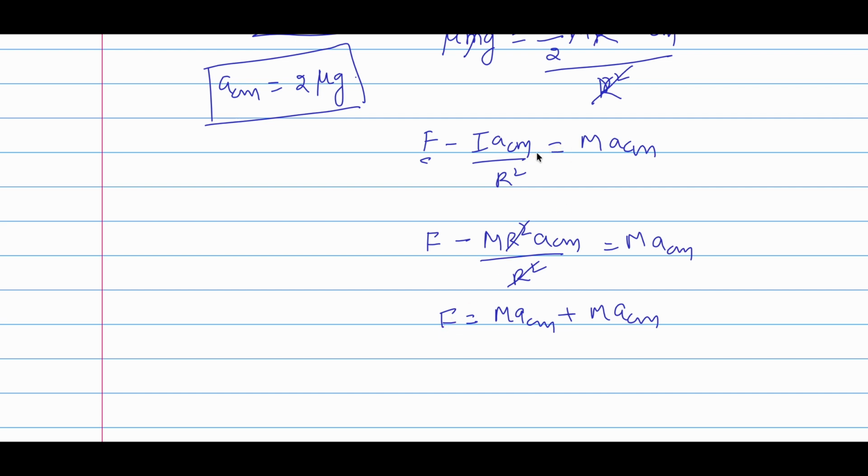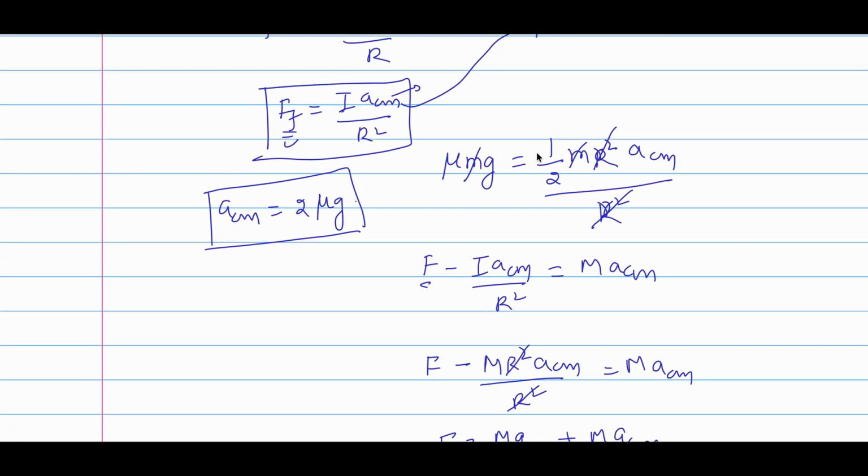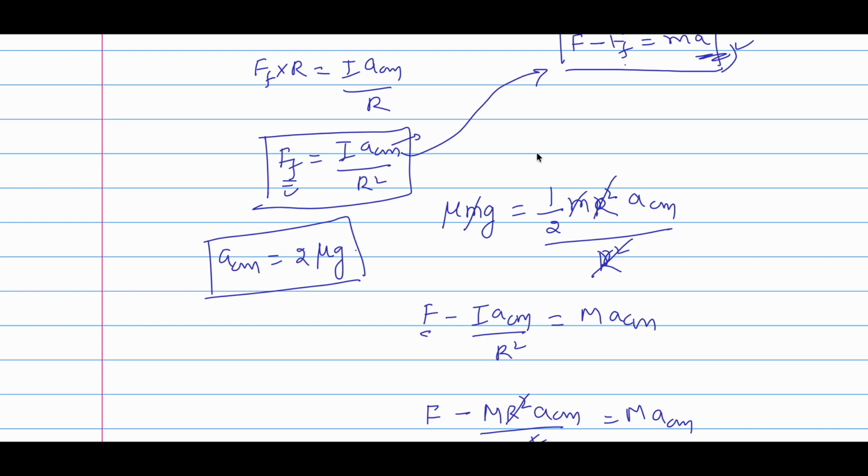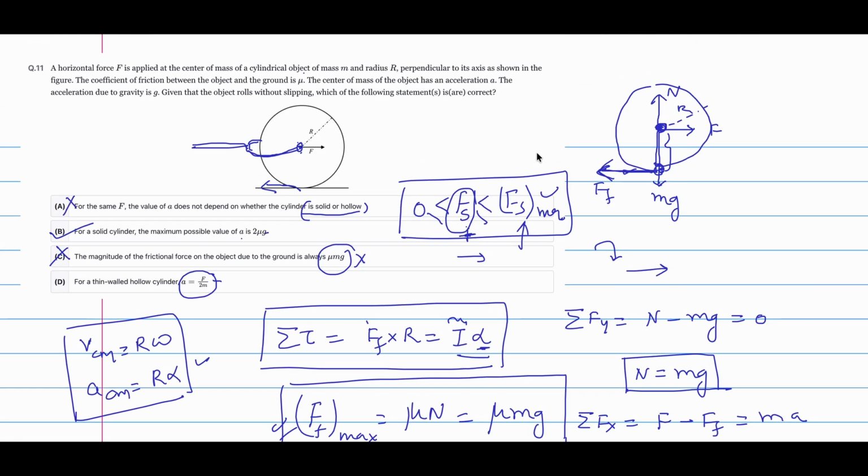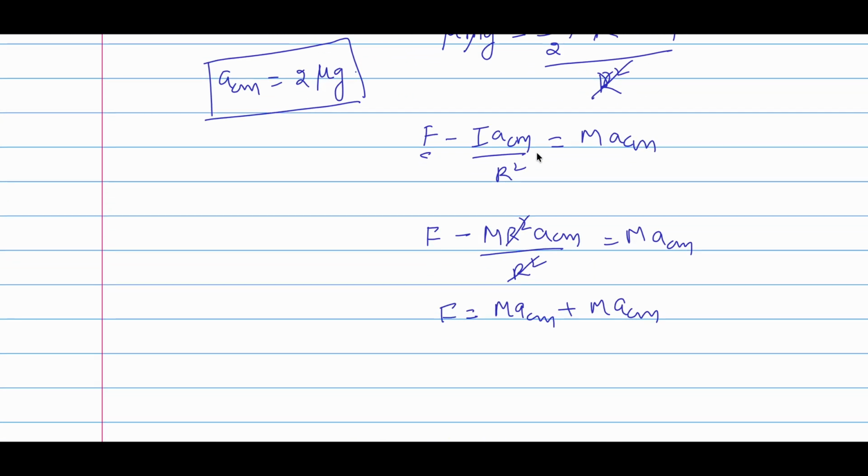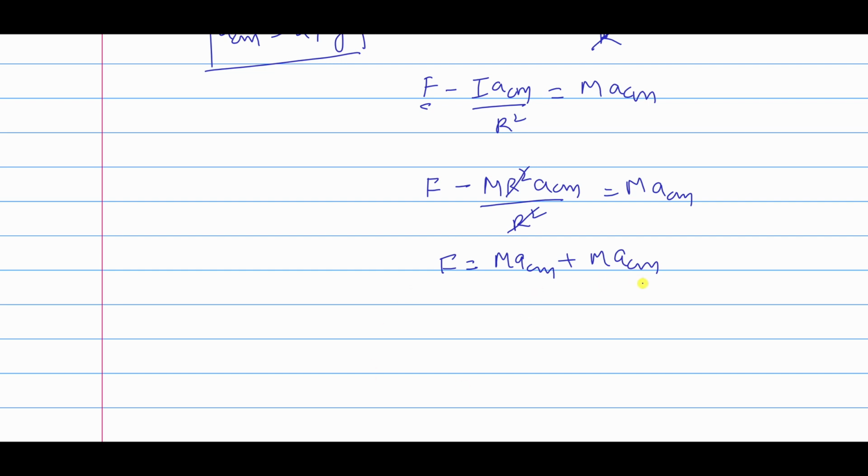Did I forget something in the equation? No. Yeah, that's correct. Okay, so basically F is equal to 2 m a center of mass.